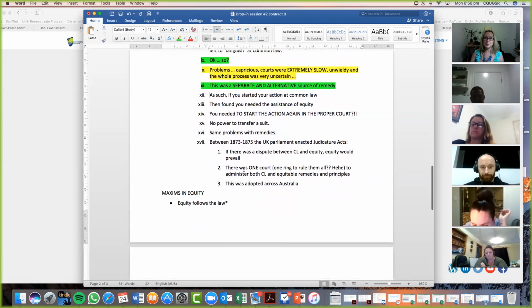But there were problems with that, obviously, because what if you started in the common law courts and then found that your better remedy was in equity? You had to start the whole thing again. Oh, my word. So how much wasted time, effort, money, and everyone knows how much it costs to sue, right?